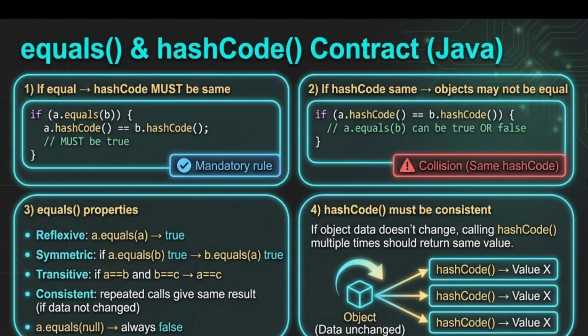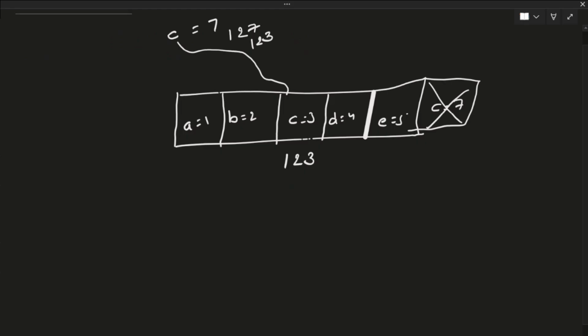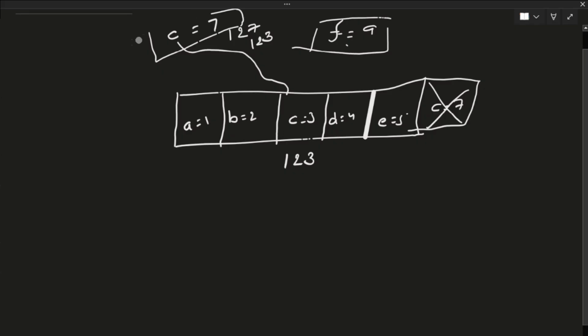And one more case: if hash codes are the same, objects may not be equal. We'll take something which is not there. Suppose F equal to 9. So this object and this object are different.